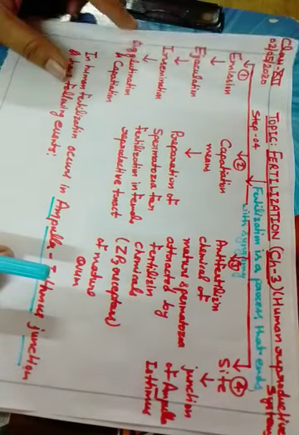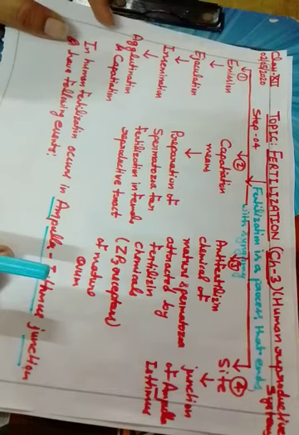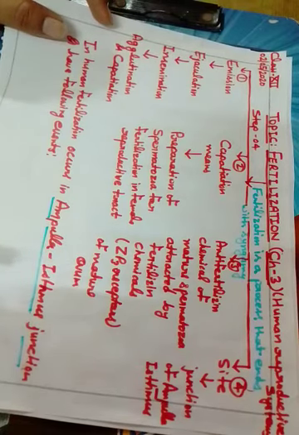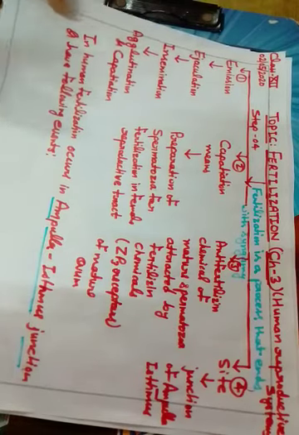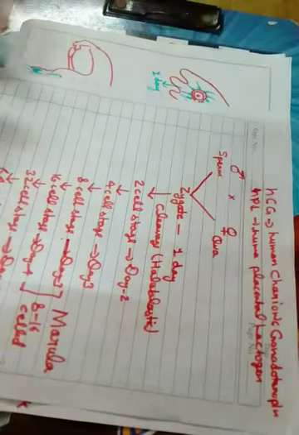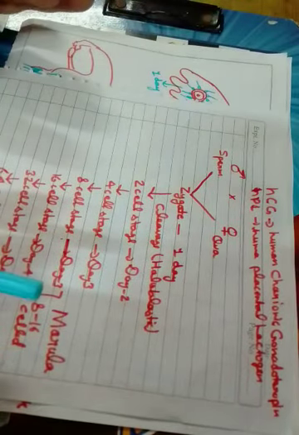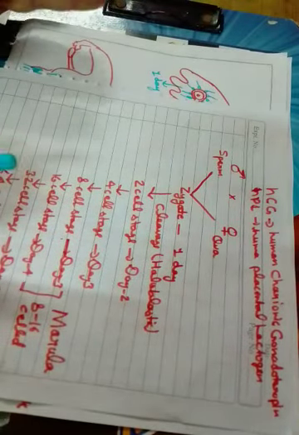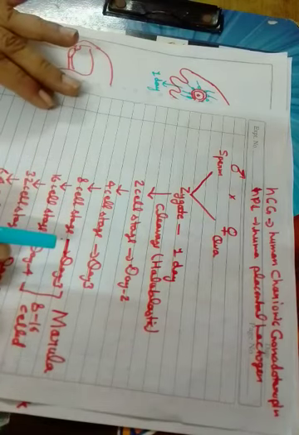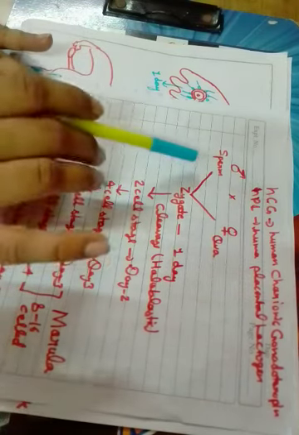Understand? Now how can you understand the development of embryogenesis? We will see this flowchart. That is very easy. In my previous videos we have discussed this, but today we will repeat.